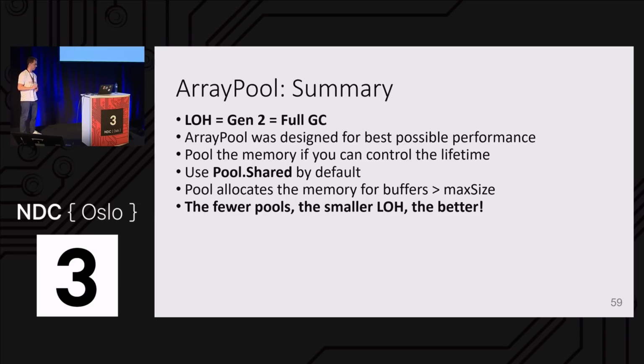It's important. Our goal was to keep the large object heap small. When you create too many custom pools, you will end up once again with a lot of large objects. So this is something that we want to avoid. And this is why most of the commonly used libraries, like Kestrel, ASP.NET Core, ImageSharp, are using the shared pool, so they don't create any custom pools in your code.